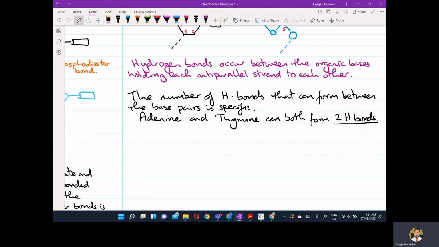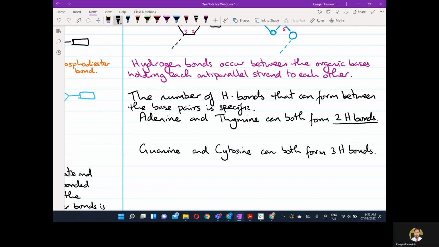And guanine and cytosine can both form 3 hydrogen bonds, right? They can both form 3 hydrogen bonds.